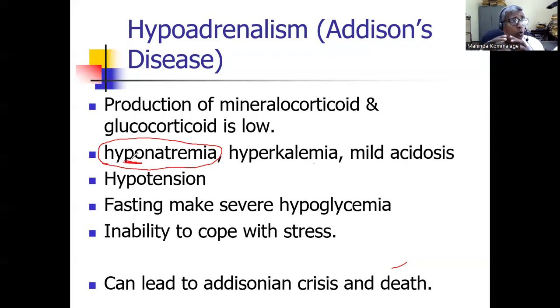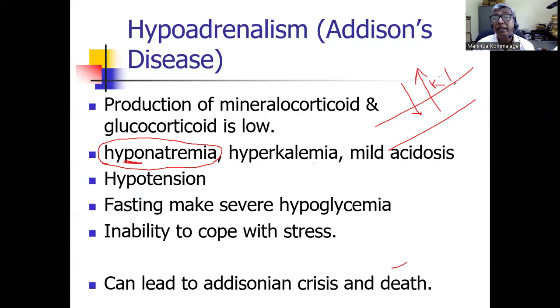If there is low aldosterone, what will happen to the potassium level? Potassium level increases, because you remember, when we absorb sodium, we excrete potassium and H plus.